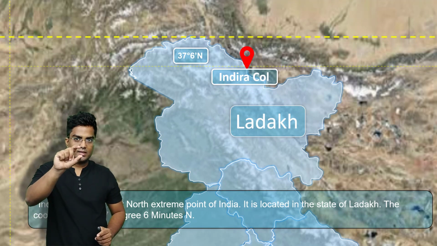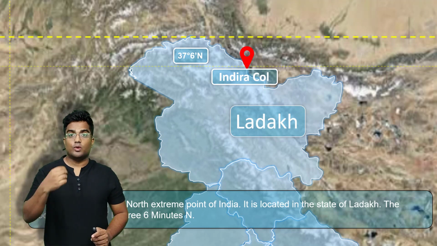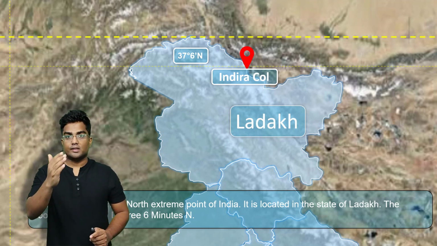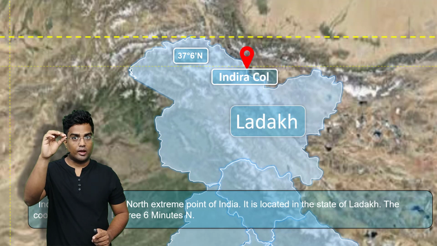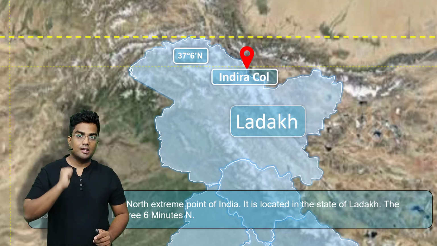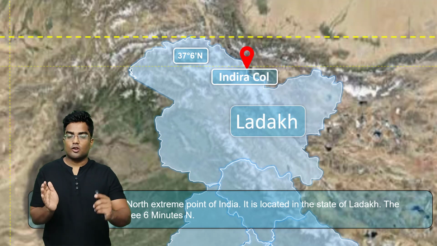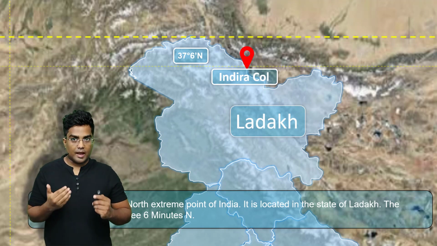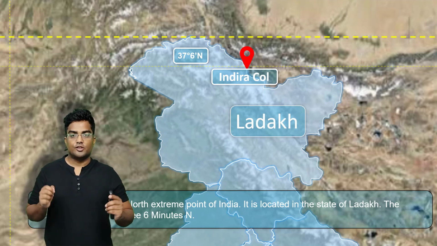As you can see, there is a significant mismatch between what we mention as our extreme point, because that's located in Pakistan, and the second one that is really located in India. Indira Col is our northern extreme point.